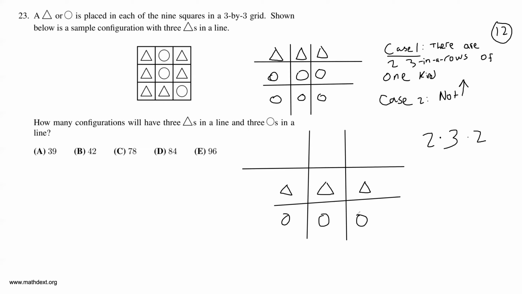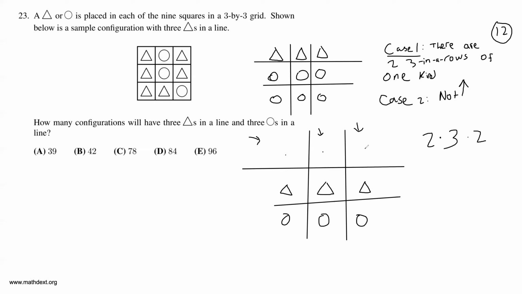Well, let's just consider each box individually. This first box over here can either be a circle or a triangle. This box over here can either be a circle or a triangle. This box over here can either be a circle or a triangle. So what does that mean? There are 2 ways to choose what's in here, 2 ways to choose what's in here, 2 ways to choose what's in here.